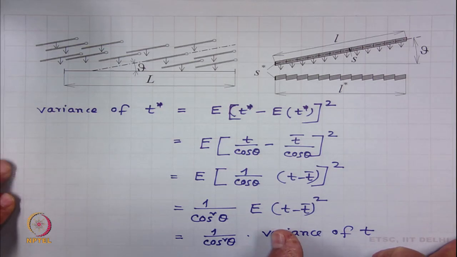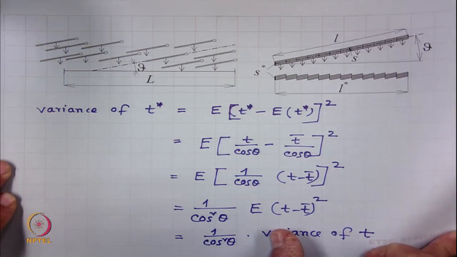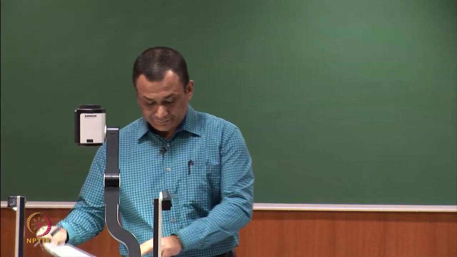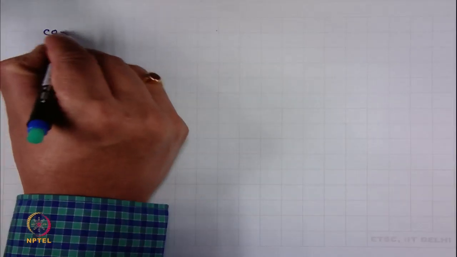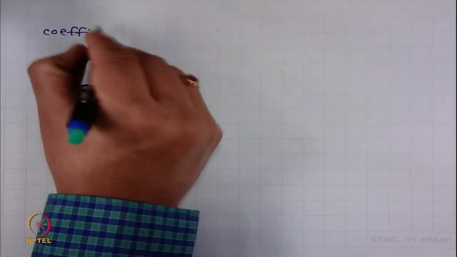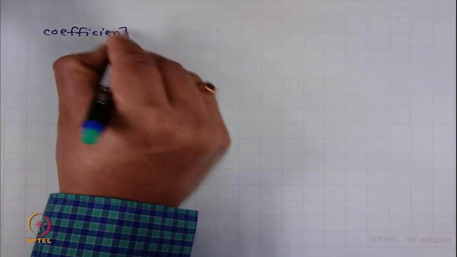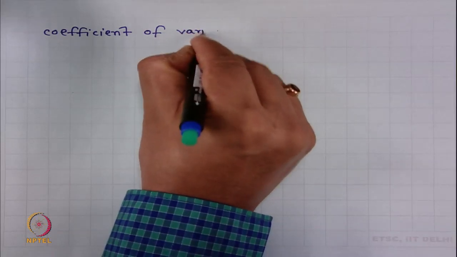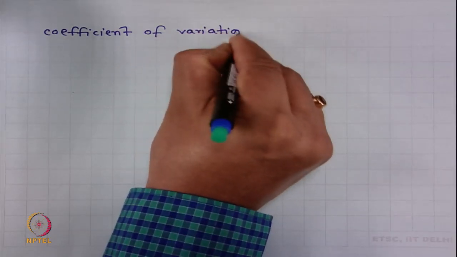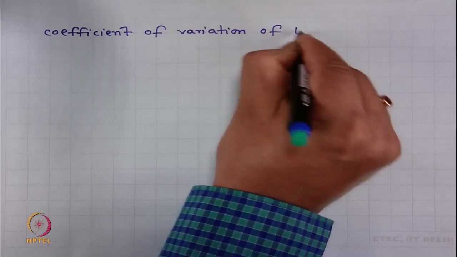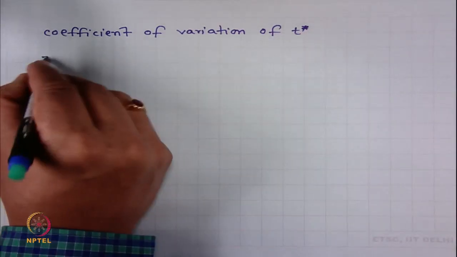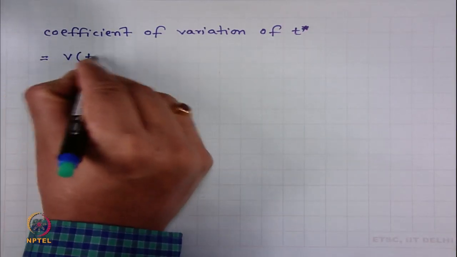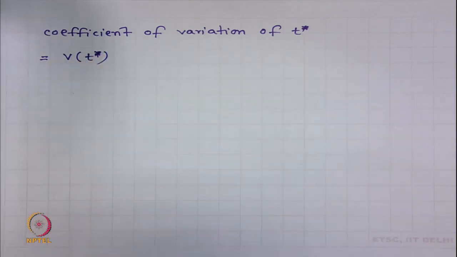Then what will be the CV of t star? So, coefficient of variation. That is equal to this.